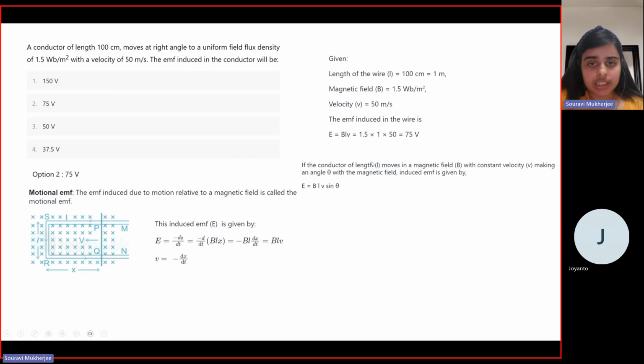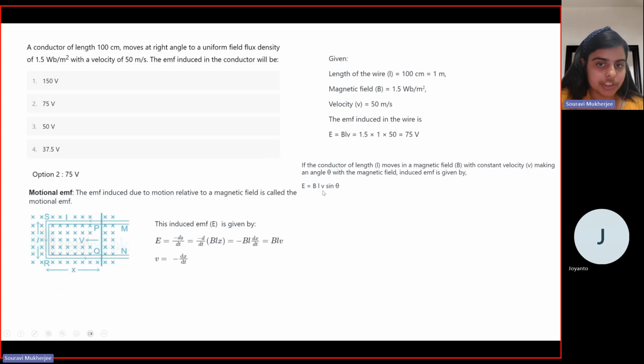So now if the conductor moves in a magnetic field, here it was perpendicular, but that might not always be the case. So if there is an angle between the length L and the direction of your motion, that is the velocity, so if the velocity makes an angle with the magnetic field, in that case you have to remember that the force goes as v cross B, right?